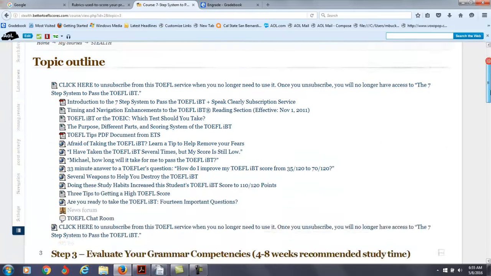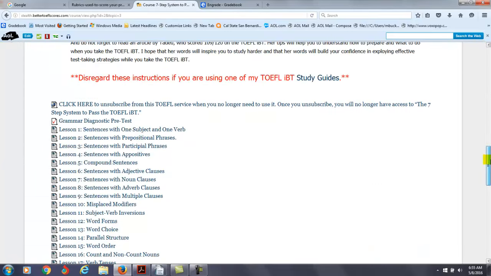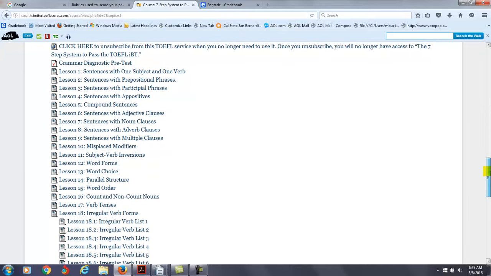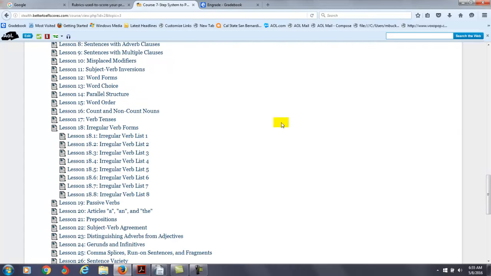So write these things down. I think here, lesson number 11, you should pay attention to subject, verb, inversions, I think. I think lesson number 13, word choice. Lesson 16, count and non-count nouns. Lesson 17, verb tenses, I think is important for you. Lesson 20, articles.